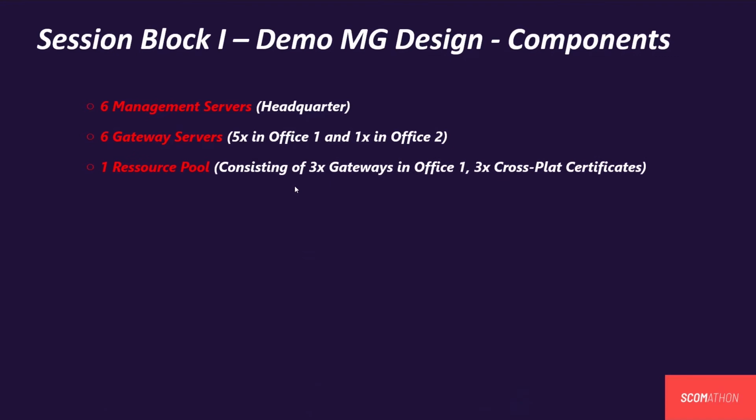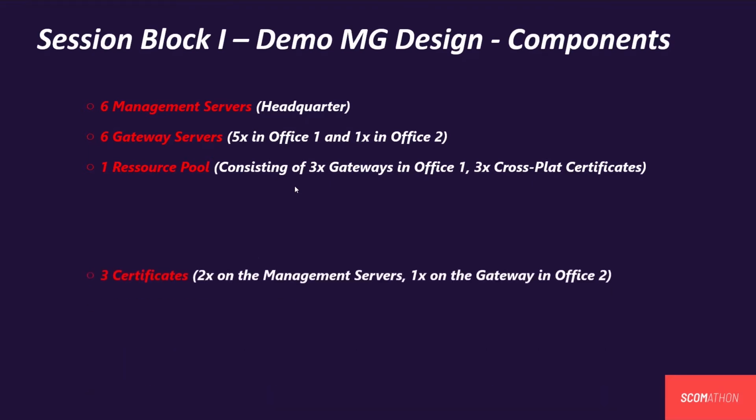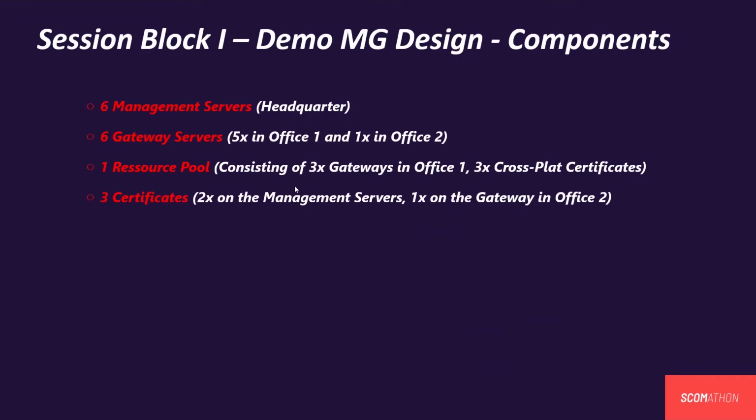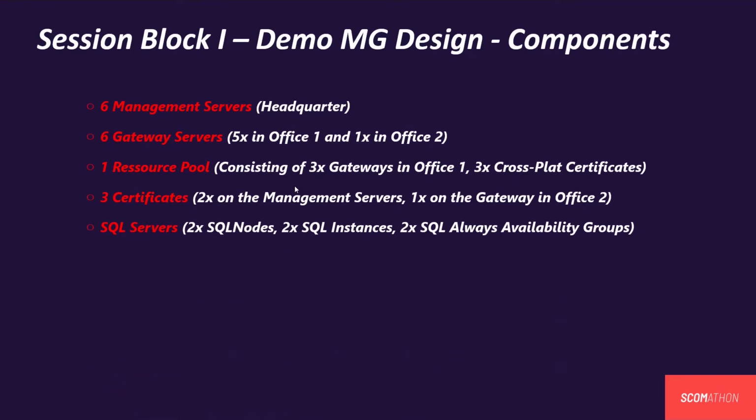I have 1 resource pool consisting of those 3 gateways in Office 1, and I have 3 cross-platform certificates for the gateways. I have 3 standard certificates, 2 on the management servers and 1 on the gateway in the Office 2. This is so that they can talk to each other. And I have 2 SQL nodes with 2 SQL instances and 2 SQL Always On availability groups.